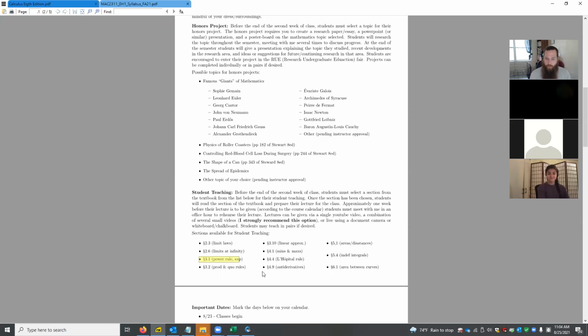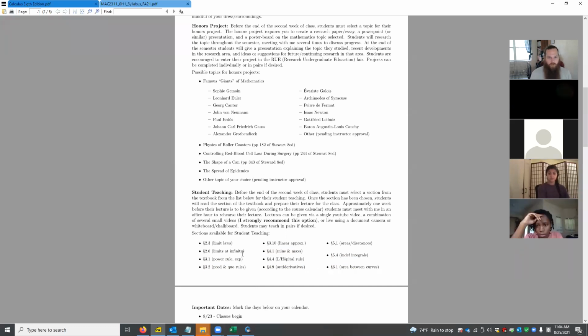Section 3.1 on the power rule is not very hard at all. Section 3.2 on the product and quotient rules, also not terribly hard. Section 4.1 on mins and maxes. 4.9 on antiderivatives. 5.4 on indefinite integrals, and 6.1 on areas between curves. Those are the especially tractable ones, the ones that are probably going to be the easiest to manage.